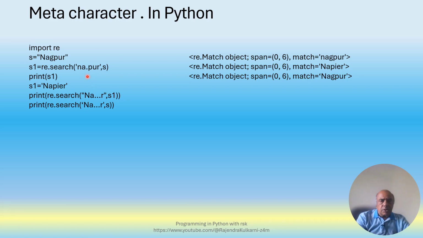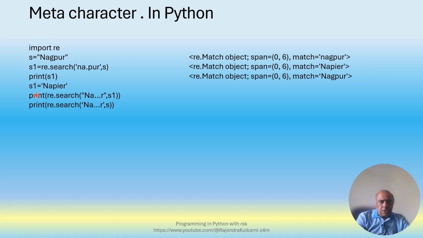So what the dot does here is it matches whatever character is present at the third character, or at index 2 of the string, and if all other characters are matching, it gives us the output. So na.pur gives us the output Nagpur.